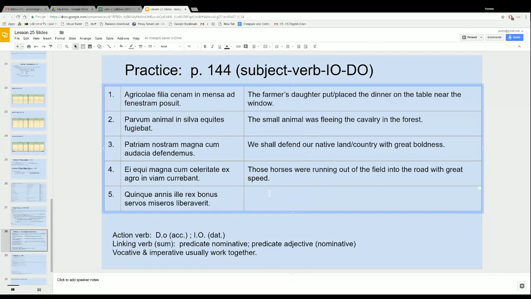All right, Andrew, next one. The 5 spirits. Well, spirits are animals. Well, that would be animalis, but this is annis. So I'll give you a hint. This is an example of our newly learned construction.